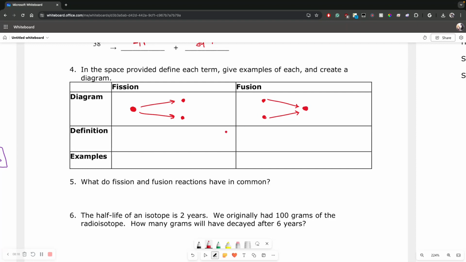And so the definition of each is fission is where an atom splits to produce insanely large amounts of energy.